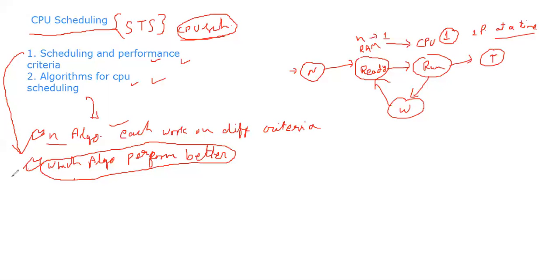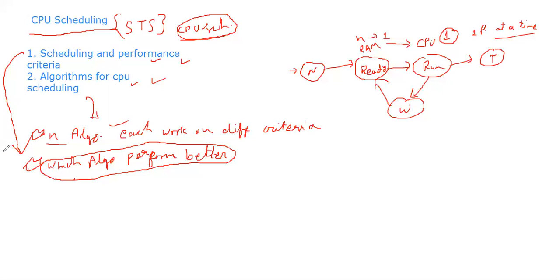So different systems can have different ways of arranging things, and each algorithm has its own benefits and its own disadvantages. Which algorithm is suitable is decided by the performance criteria.